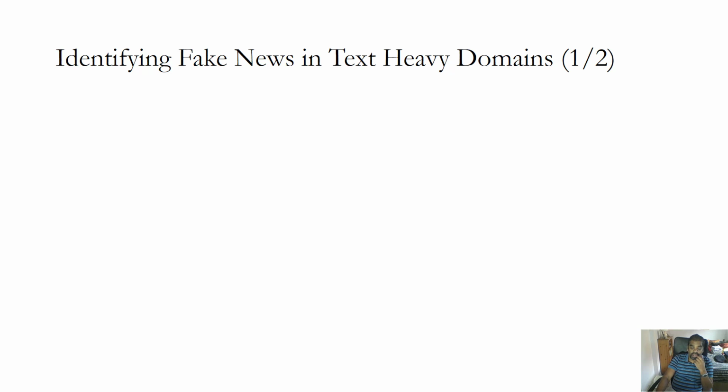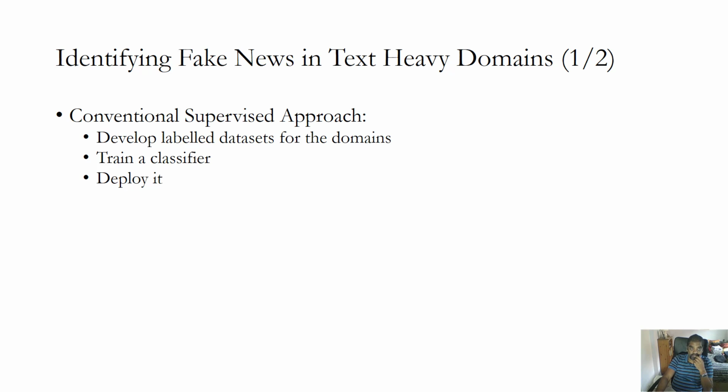So how do we identify fake news in text-heavy domains? One possibility is the conventional supervised approach, where you develop labeled datasets for the domains, train a classifier, and deploy it on unseen data, and you get some kind of decisions, and you make use of those decisions.